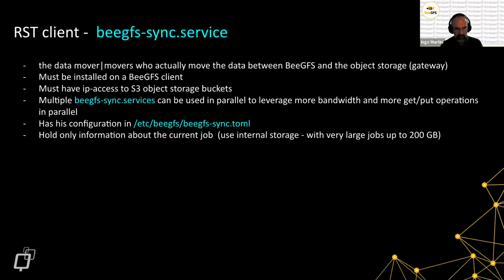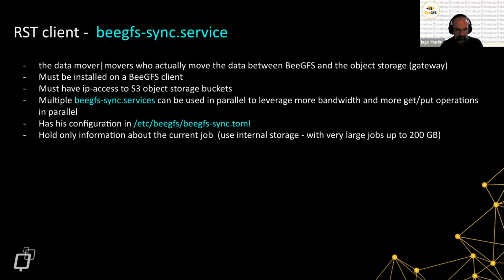As mentioned, we need a connection to both sides. We need the IP connection to the outside world, where the object storage or the object bucket is located, and we need to mount the BeeGFS file system on these clients.